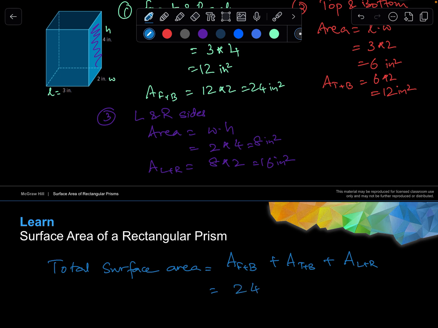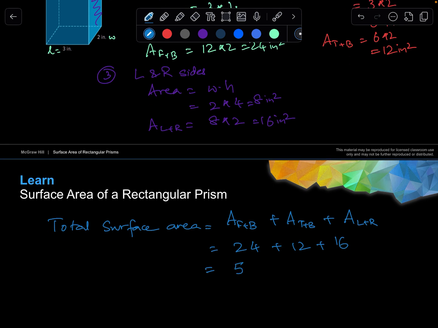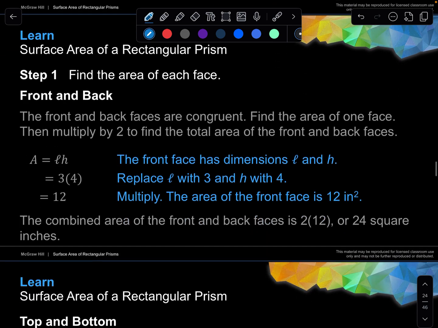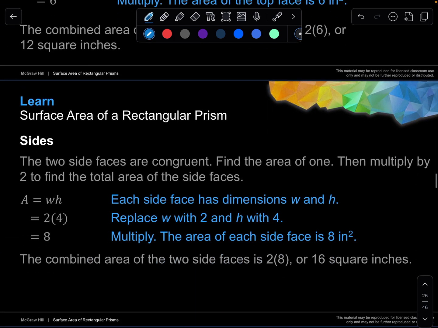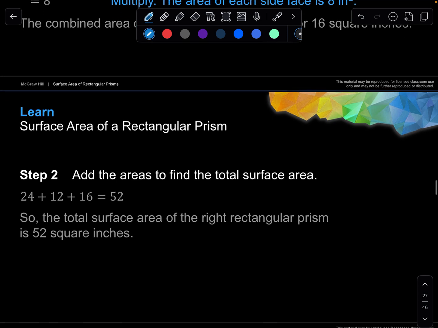This is going to be 24 plus 12 plus 16, which gives me 52 square inches. Let's see if this matches with what they've given in the book. There you go. That's 52 square inches.